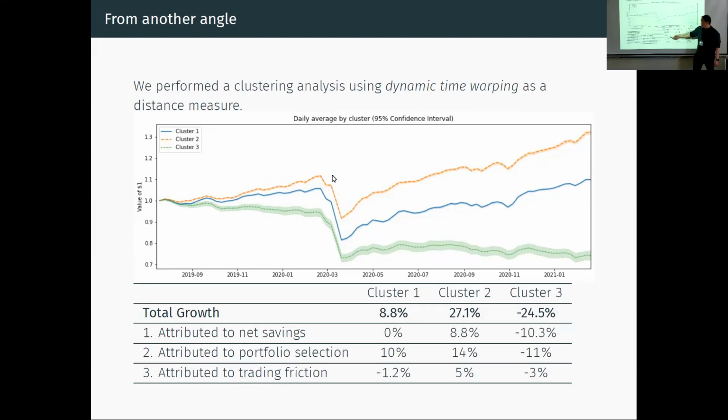Basically that says cluster 1 has a slightly worse portfolio than cluster 2, but cluster 3 is the worst, like they chose a really bad portfolio to begin with. But what is interesting is the last one, the total growth attributed to trading friction. Basically this is their trading decision. And we see that cluster 3 has -3% compared to cluster 2 with 5%.